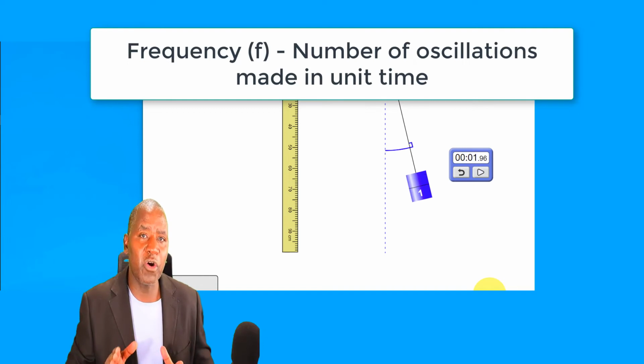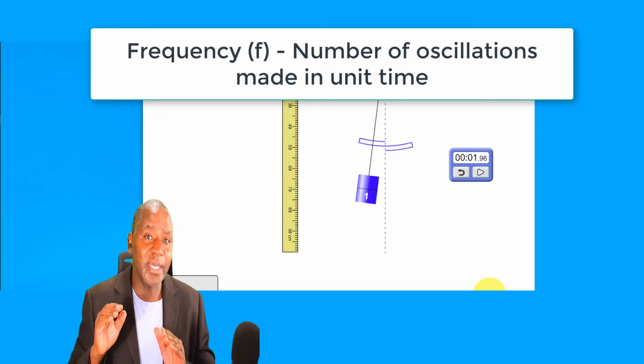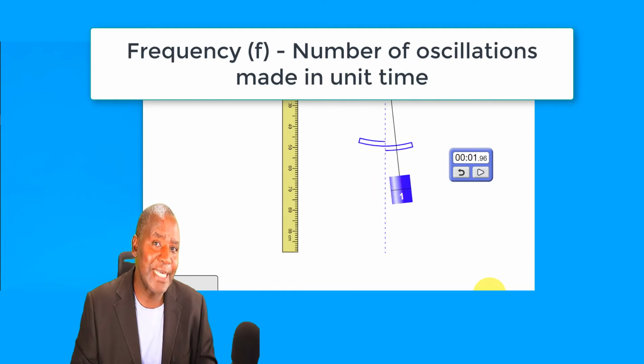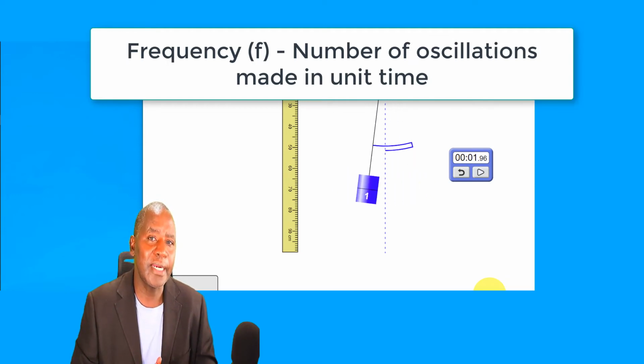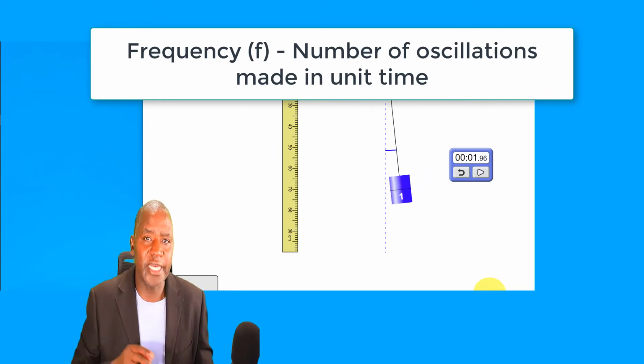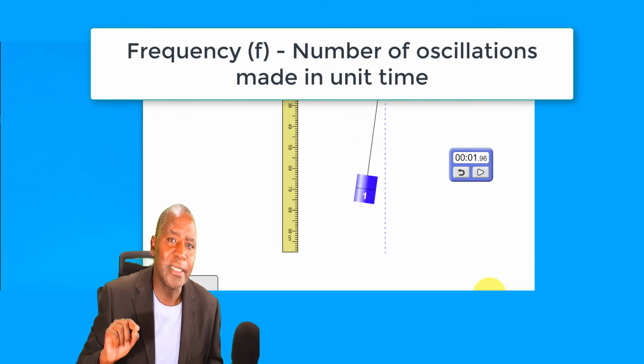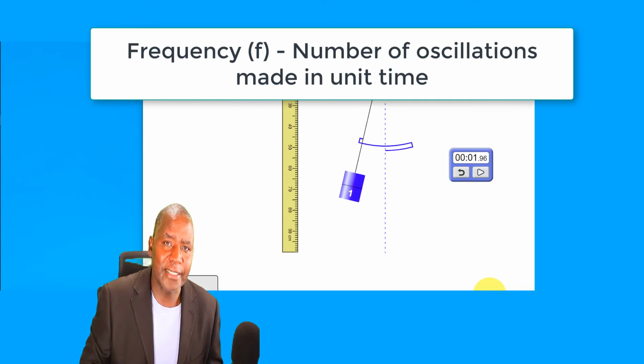Frequency is the number of oscillations made in unit time. The SI unit of frequency is Hertz. H-E-R-T-Z. In short form, that will be capital H and small letter z.